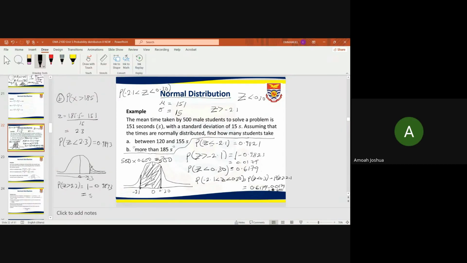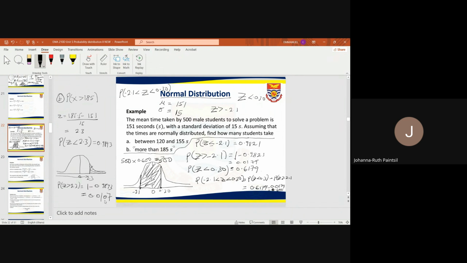Zero point 1117. No, it's 0.0107. Yes, please.